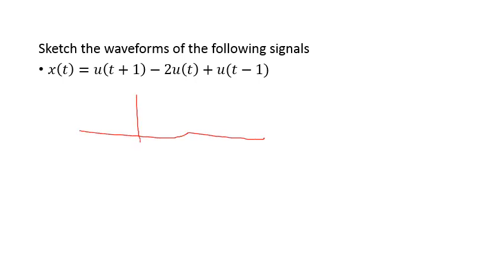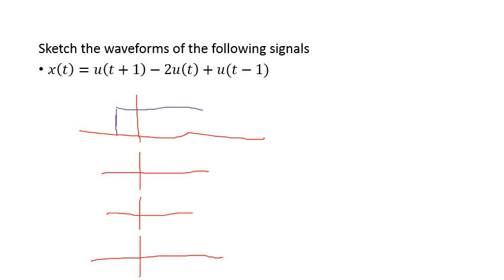Anyway, so this is your step function. Let me draw the axis first. So this is your resultant signal. That's your first signal, the step function shifted 1 unit to the left. Then we have another signal, u of t times -2, and the third signal, which has a 1 unit shift here.